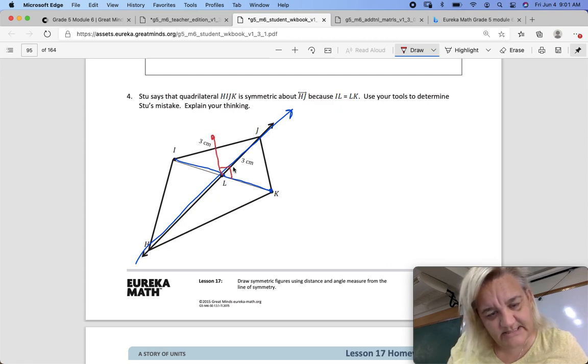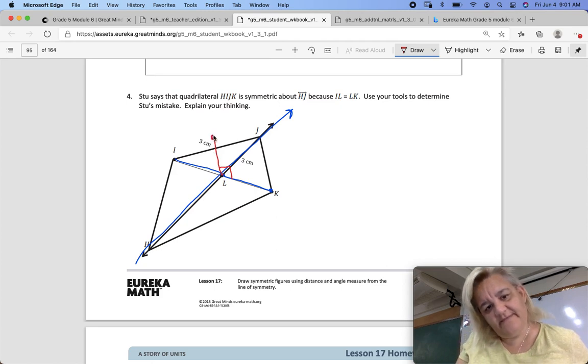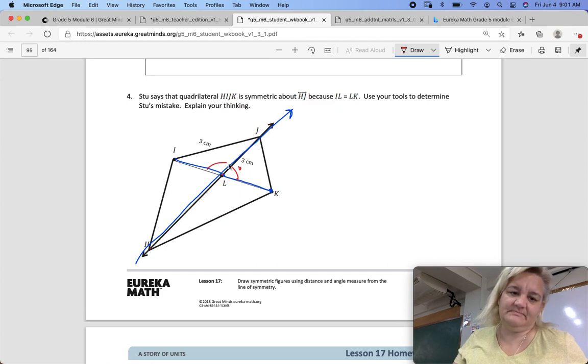So there's my 90-degree angle, and this means that that would go here, and then this angle. These are tricky, aren't they? You have to really think about what you're doing. Okay, so this angle here should match the angle on the other side, and they do not. Okay, do not. This is an obtuse angle, and this is an acute angle.